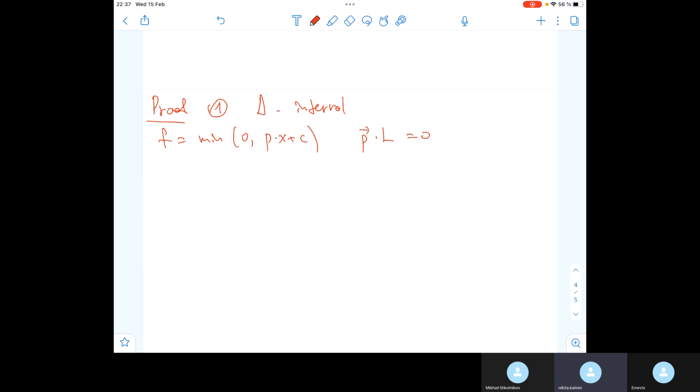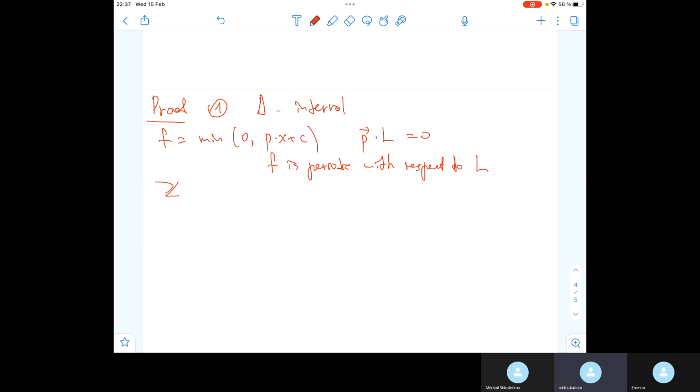And then it means that f is periodic with respect to L. Just by definition, right? Because if I add to x any vector orthogonal to p, the value of f does not change.